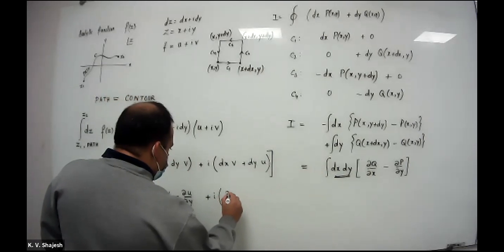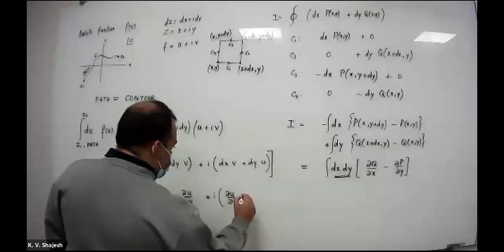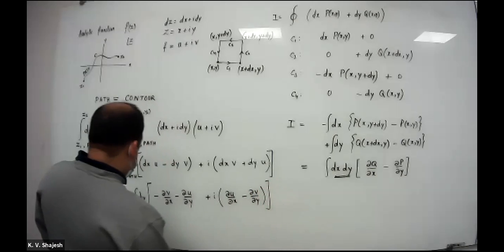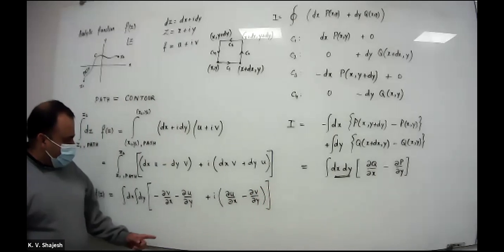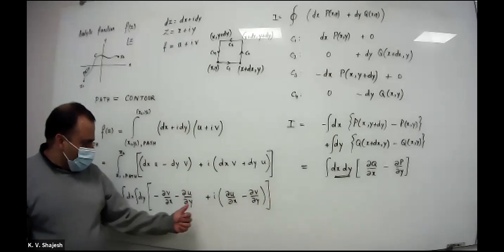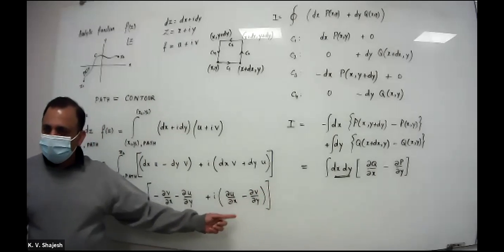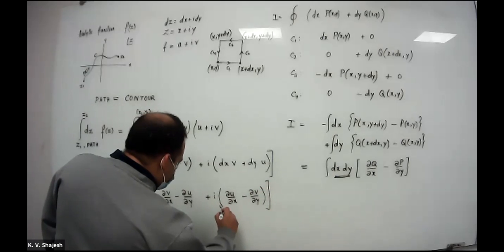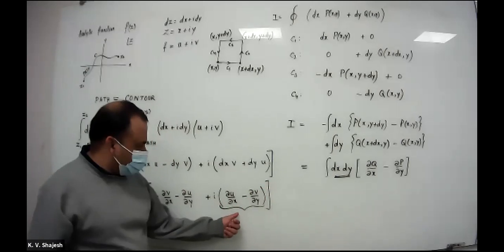So this is du by dx minus dv by dy. What are these equal to? What is this equal to for an analytic function?